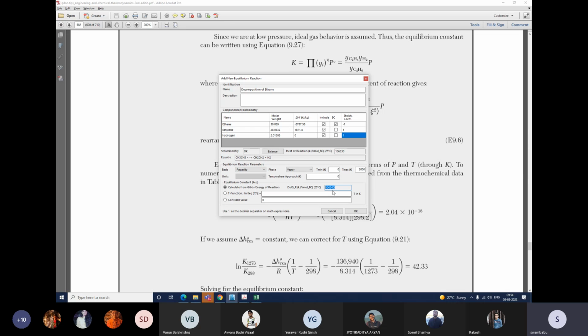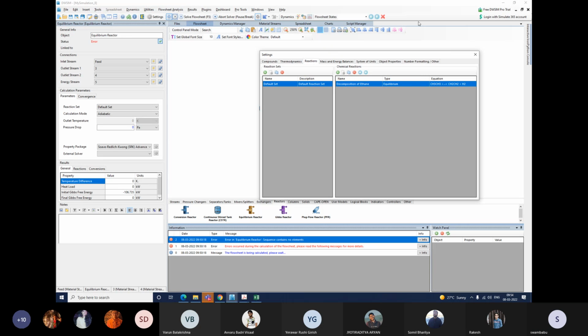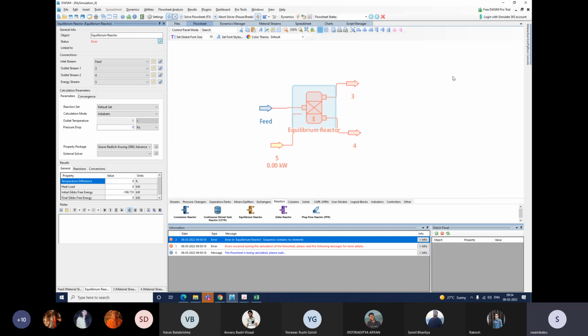So you can see that it calculates from the Gibbs free energy value by default. You can take it as constant or calculate it here. Once you define the reaction, you can close this settings option. Then you can select the default set. Right? Now, at what conditions do you want to run, adiabatic conditions? It is giving wrong.